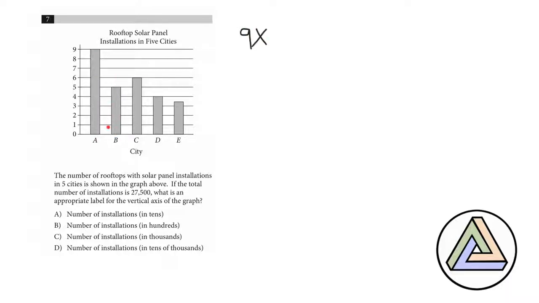And then it's going to be that added to 5 times whatever that number is, 5x, right? 5 times some number x. And then in city C, it's 6, so it's going to be plus 6x. City D, it's 4, so that's going to be 4x. City E looks like that's 3.5, so that's kind of annoying, but we're going to do 3.5x. And that probably explains the 500 part.